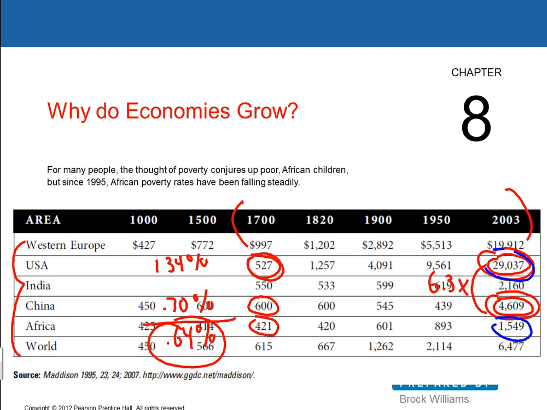So again, just a relatively small difference in growth rates can cause a very substantial difference in standard of living over time. So in this chapter, we're going to be looking at why do economies grow, and a good understanding of why economies grow will help us understand possibly why some countries are so much better off than others.